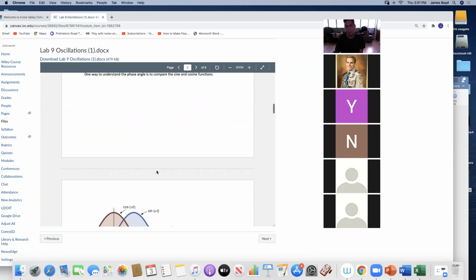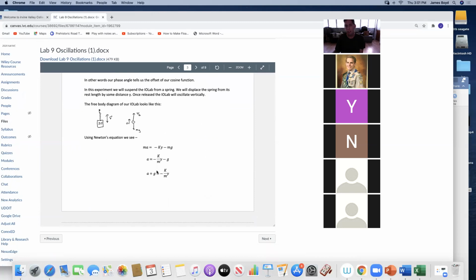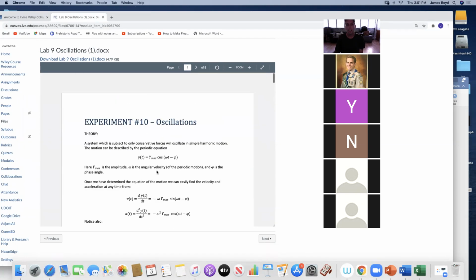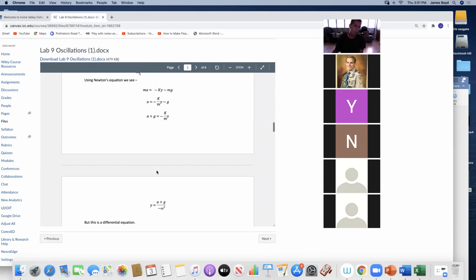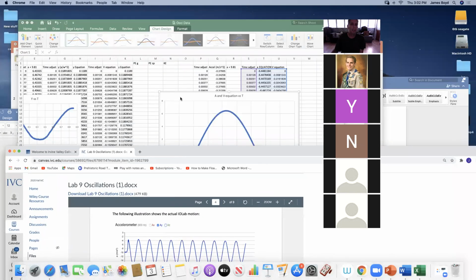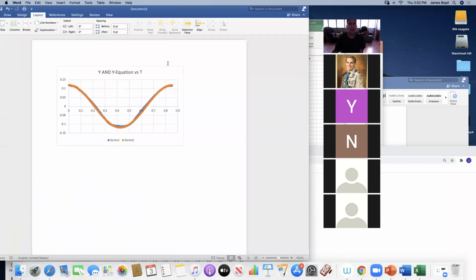And then the rest of this is just to prove to you that that theoretical equation actually does model the data really well. It's not something that we made up. We're looking at real data and we're modeling it. We're modeling this real data with an actual cosine function. And that is really, honestly, the name of the game here.